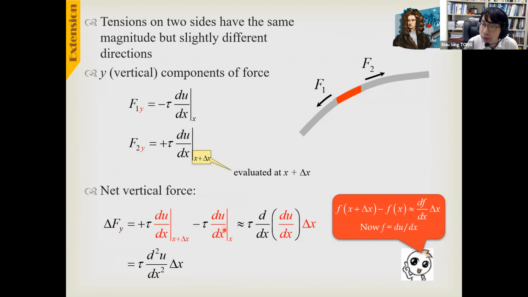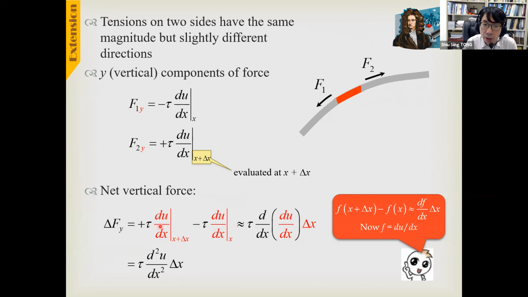Now let's consider this subtraction. Now, if both the derivatives are evaluated at x, then the subtraction is simply 0. Nothing results, right? But the derivative is now evaluated at a slightly different position, which means that this quantity is slightly different. So the subtraction is not 0 now.